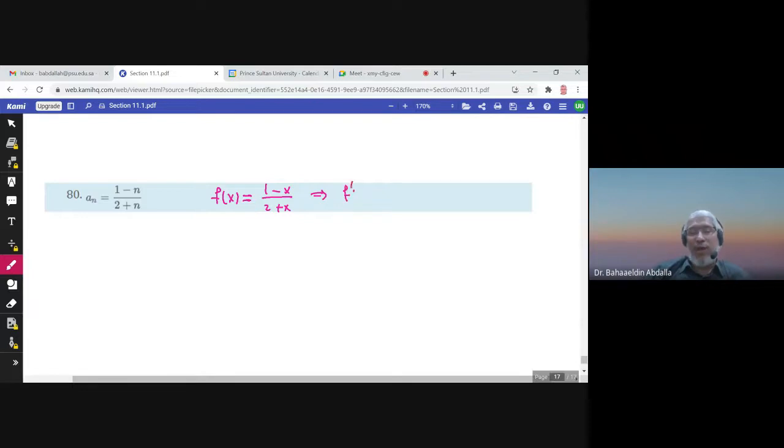And f prime would be, quotient rule again: the derivative of 1 minus x is -1 times the denominator, minus, the formula is minus, the derivative of the denominator, which is 1, times the numerator, which is 1 minus x.